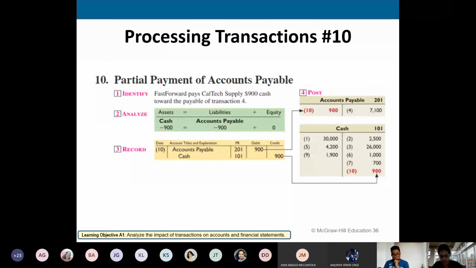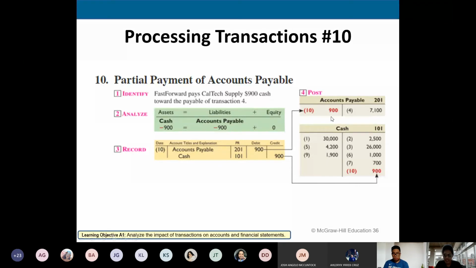Same ang treatment natin sa cash payment. Pero, bihirang mangyari yun, no? Bihirang mangyari. Okay, so this transaction decreases the outstanding balance of accounts payable from 7.1.